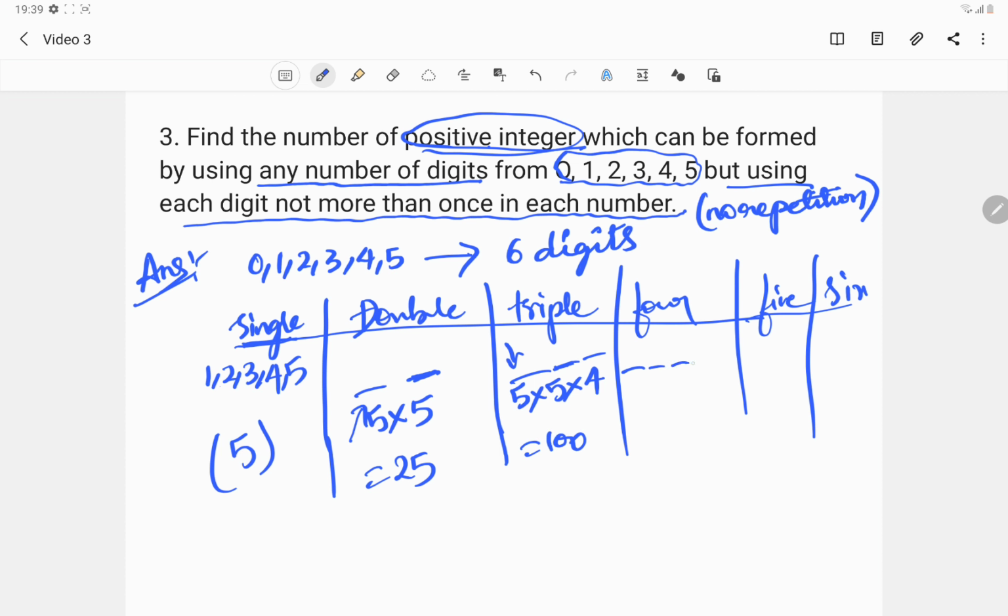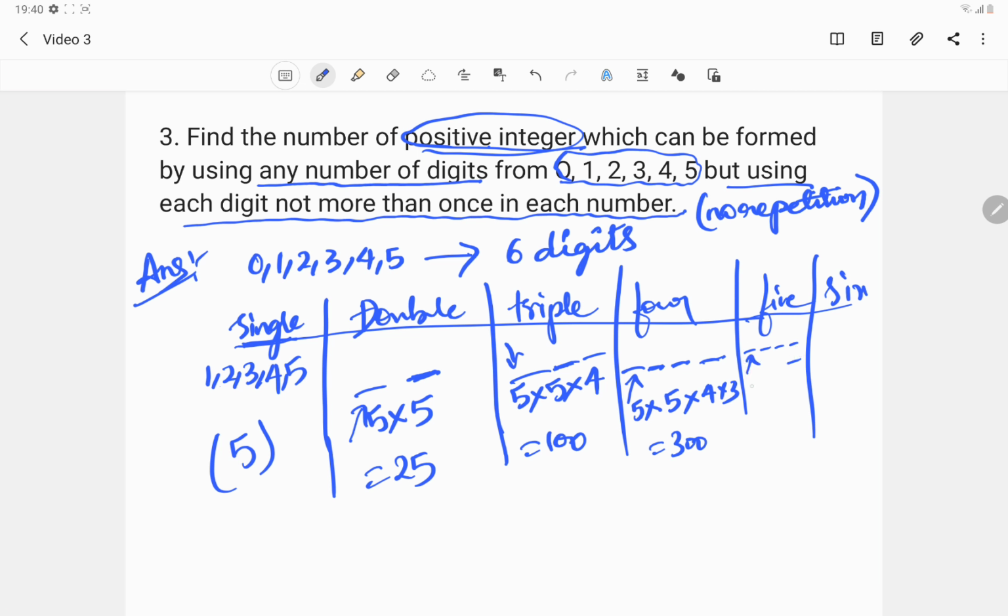Next, 4 digits. Here I can use 5 possible cases except 0, followed by 5, followed by 4, followed by 3, so this is 300. Next again, 5 digits.